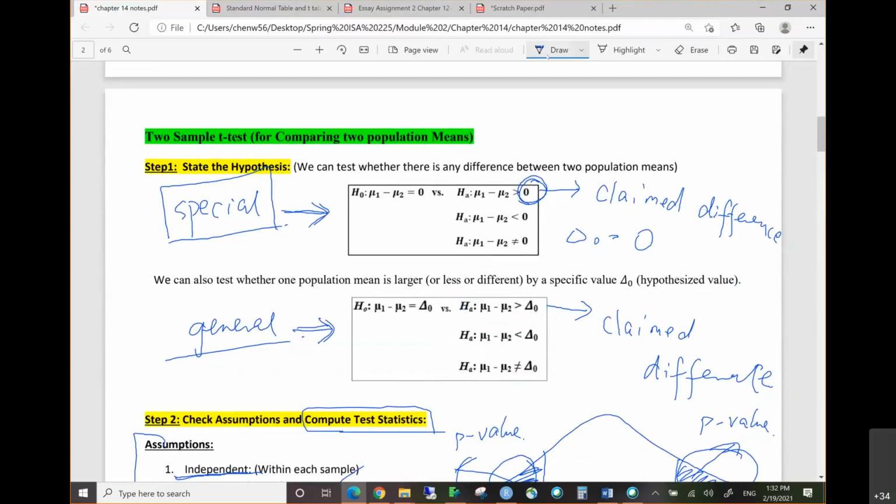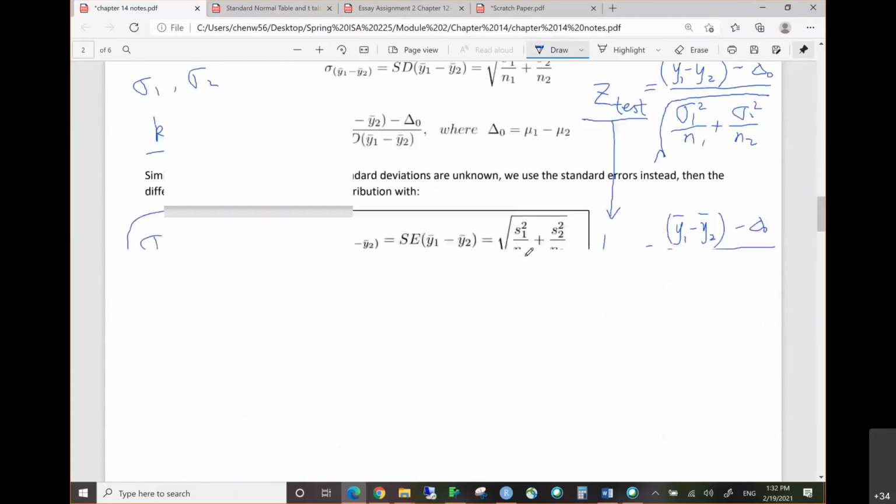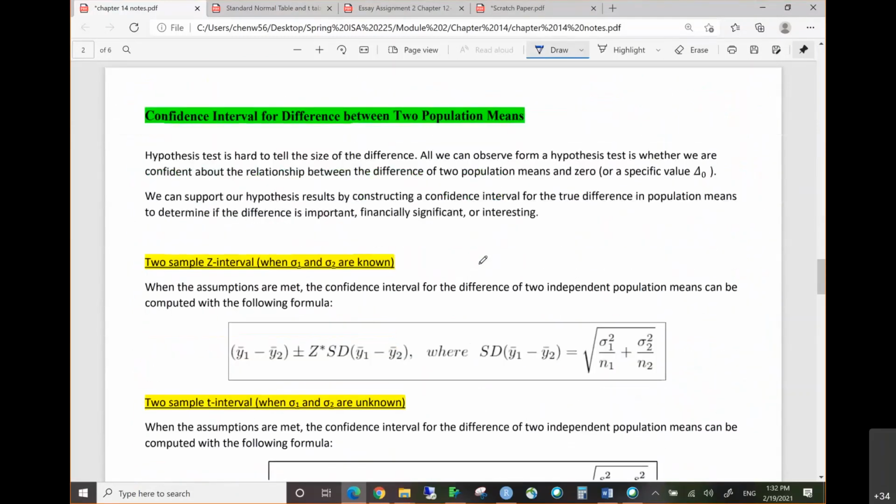So this 10 is my claimed difference. This is my idea. I can test any value I want, right? But what if I don't have any idea about this difference? I just want to learn some general idea about the difference.